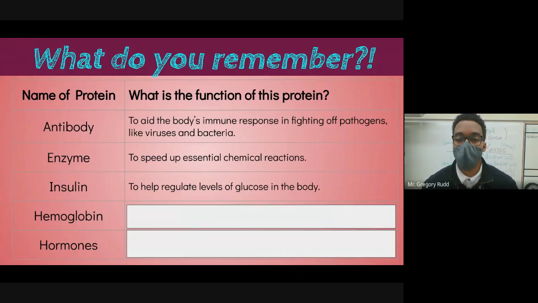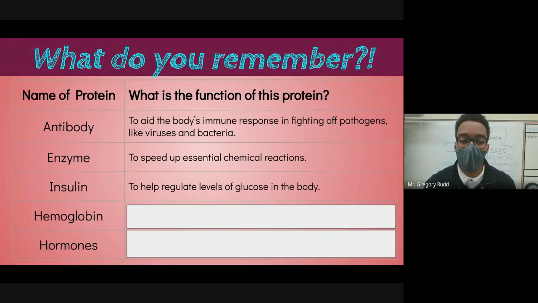People who are not able to produce insulin, either because they were born with a mutation leading to type 1 diabetes or because they developed it as a result of their lifestyle over the course of a number of years, leading to type 2 diabetes, are not producing insulin, and so their body does not break down sugar very well. This becomes dangerous because we know of this concept called homeostasis.